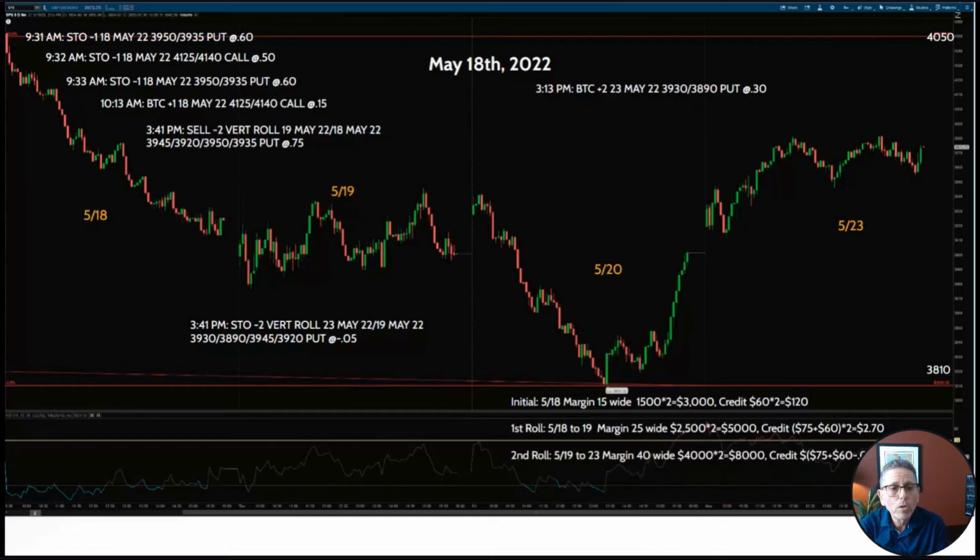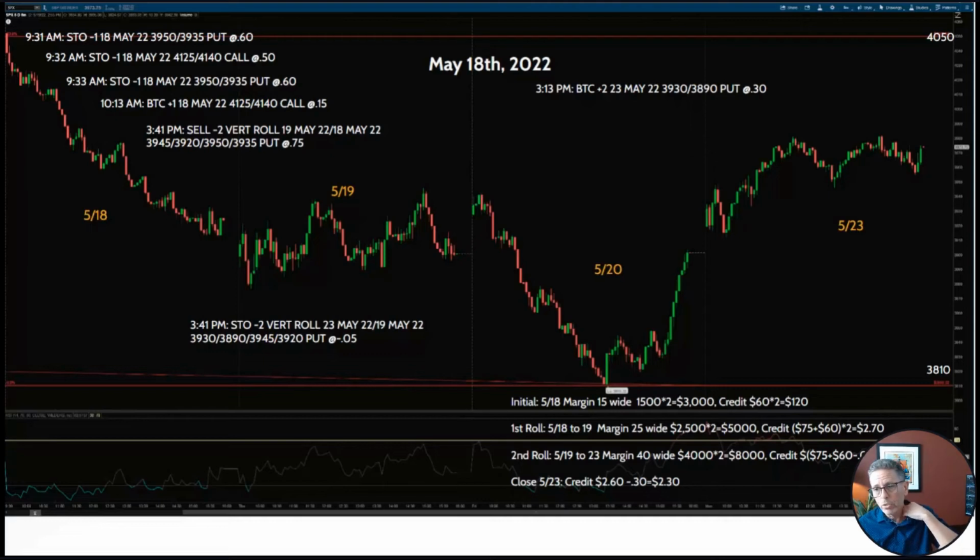And then the second roll, I had to increase the margin again to $8,000, right? And in this case, it was a negative 0.5. So, I subtracted that from the credit and ended up closing the trade at 30 cents with a net credit of $2.30.